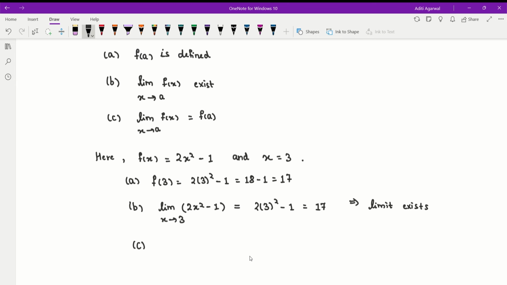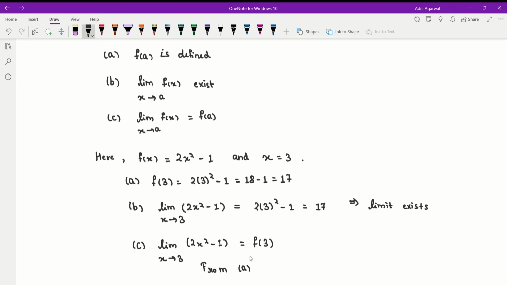For the part 3, now I need to show that limit x tending to 3 for the function 2x square minus 1 is equal to the value of the function at the point x equals 3. Clearly, from the part A and B, this is true.